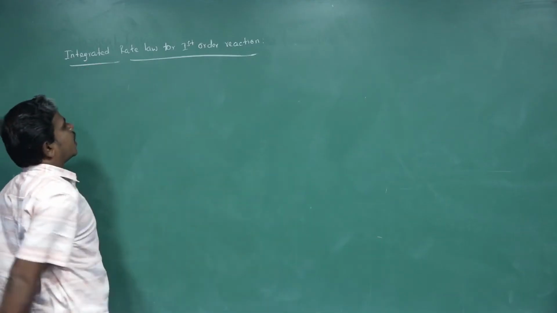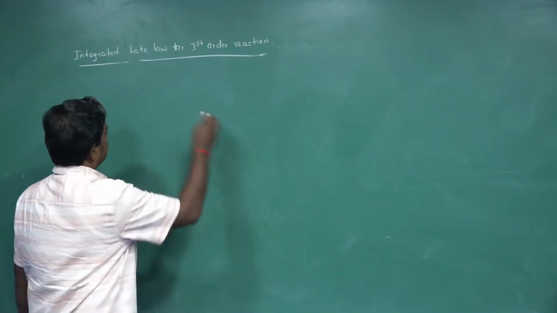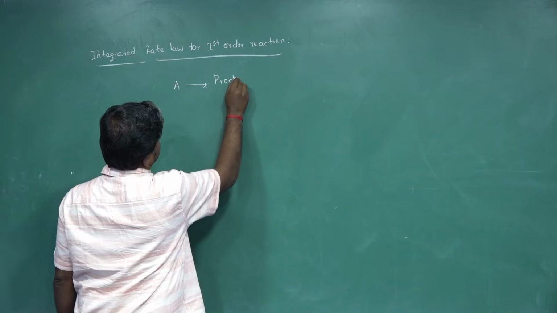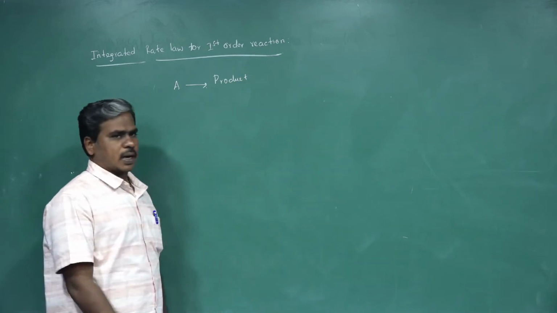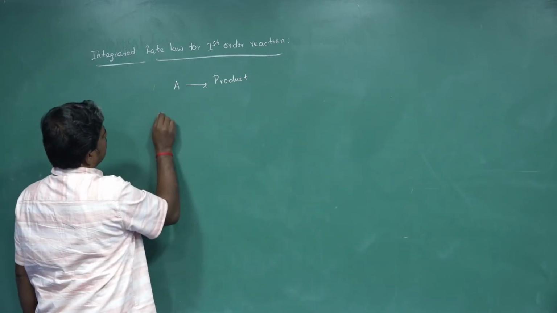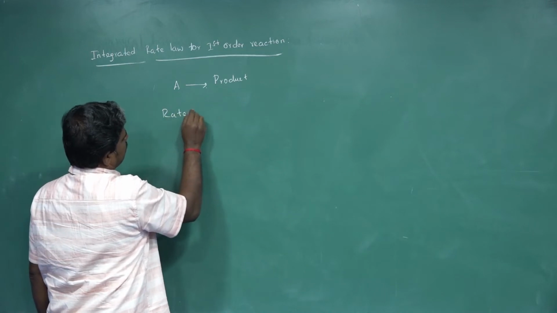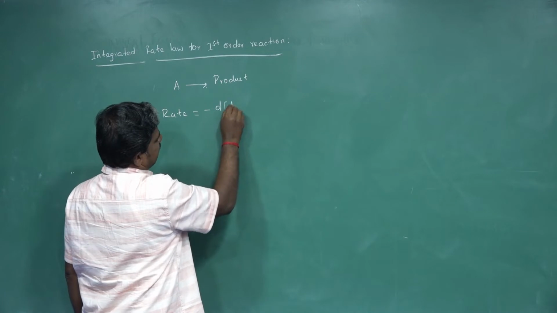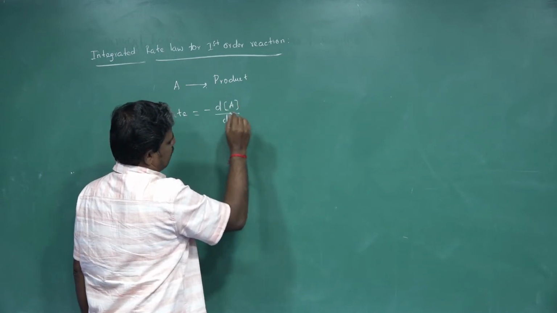Now, the integrated rate law for the first order reaction. A gives the product. Rate is nothing but the decrease in the concentration of the reactant with respect to time.